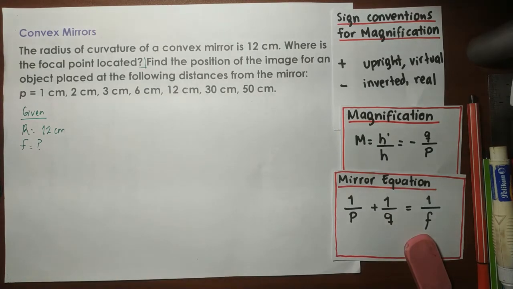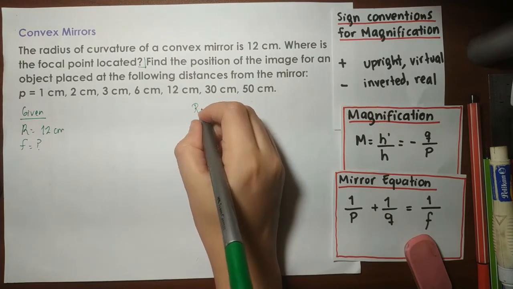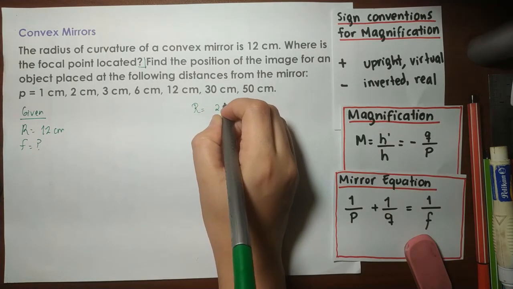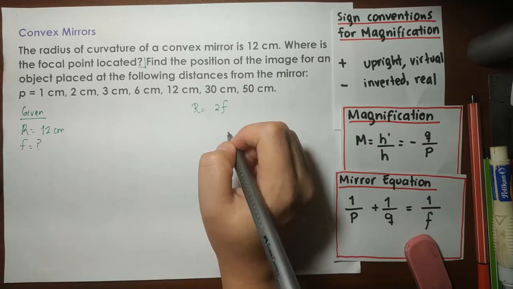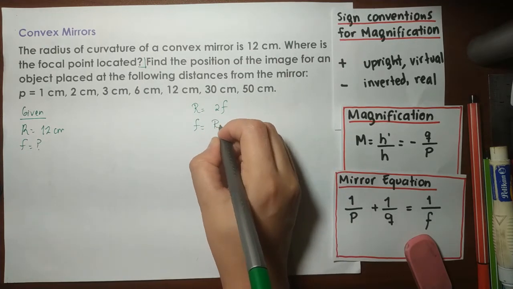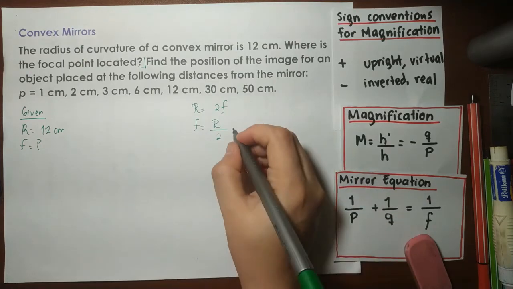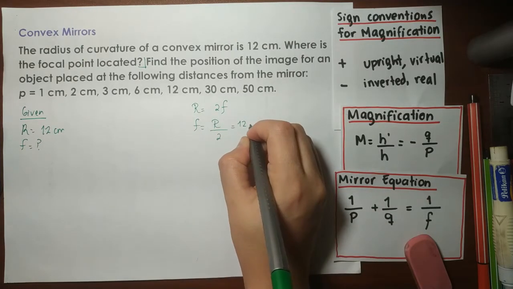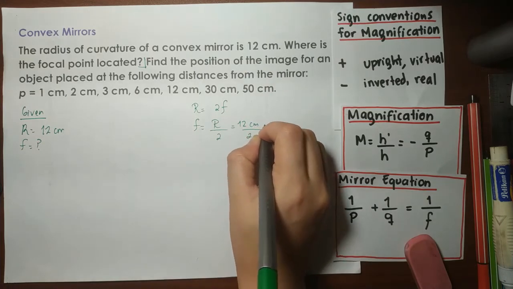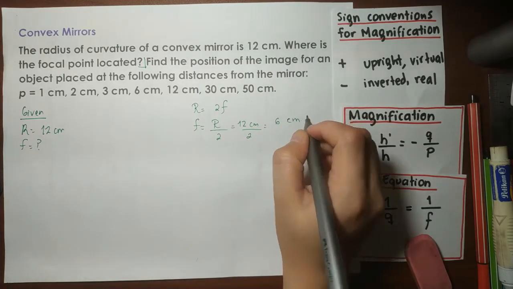Remember what I showed you the other day in the presentation. It says that the radius of curvature is equal to twice the focal length. So isolating the focal length, it's equal to the radius of curvature divided by 2. So this is 12 centimeters divided by 2. The focal length is 6 centimeters.